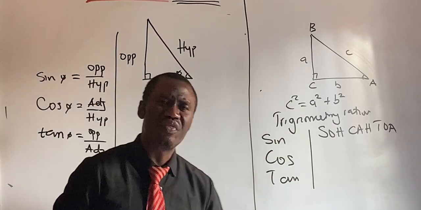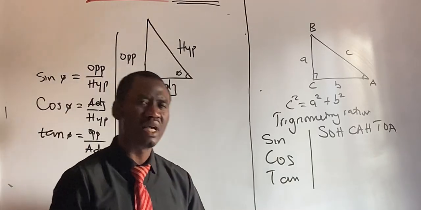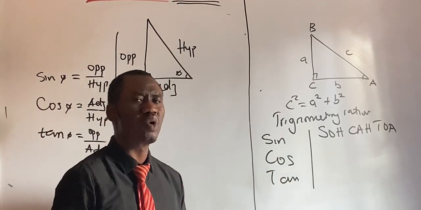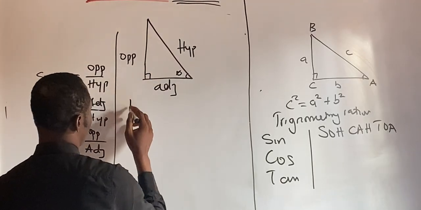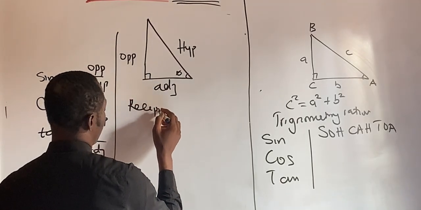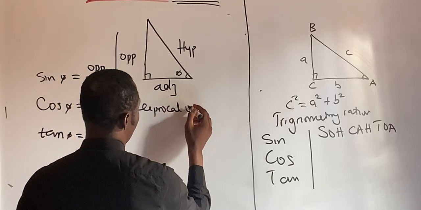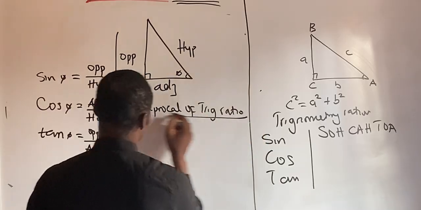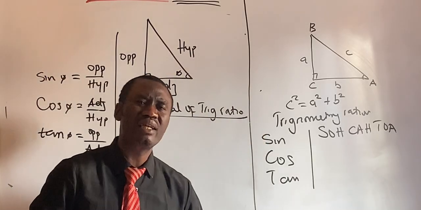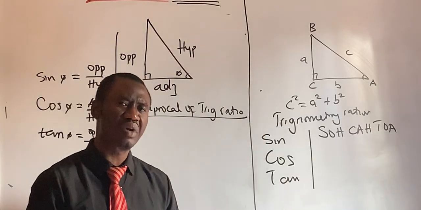Now, having known this, we now need to move to the next concept, which is the reciprocal of trigonometry ratios. What do we use in finding the reciprocal of trig ratios?